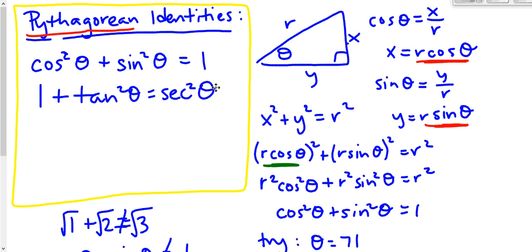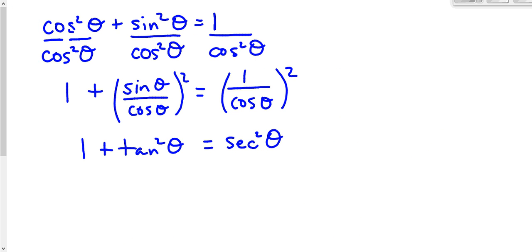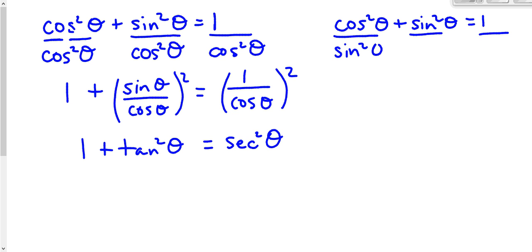And now one more. We start back with the original Pythagorean identity. And instead of dividing both sides by cosine squared theta, can you guess what we're going to divide both sides by? That's right, sine squared theta. And what is cosine squared theta divided by sine squared theta?